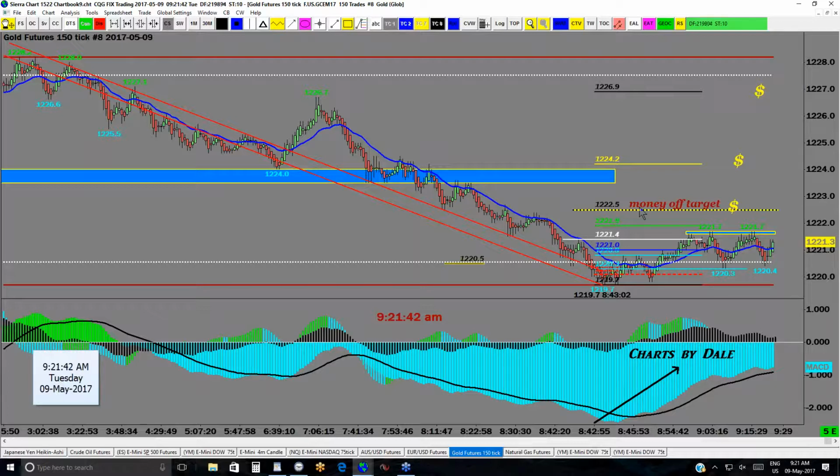So we're re-challenging, or you're looking to re-challenge and take out this area here, 1221.7. I'll get the numbers right this time. So target 1222.5. Put some money in your pocket if we can get up there.